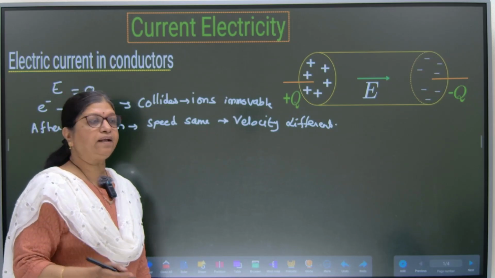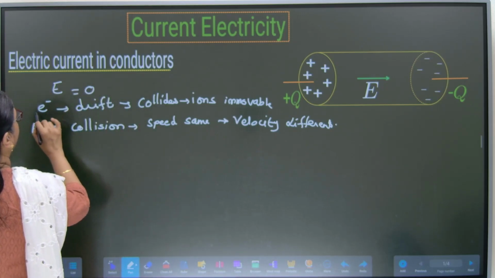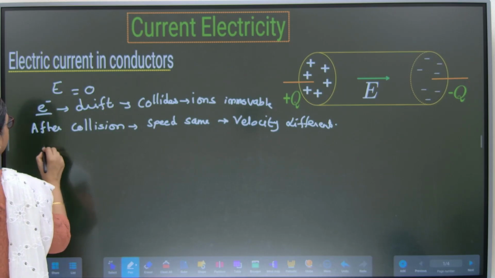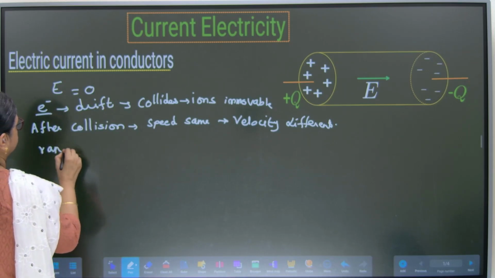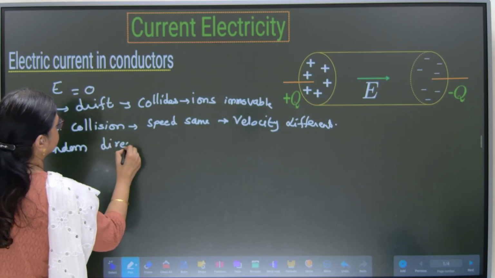That is, the direction of the velocity of these electrons will be a random direction.